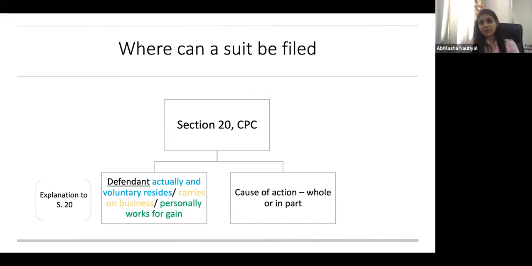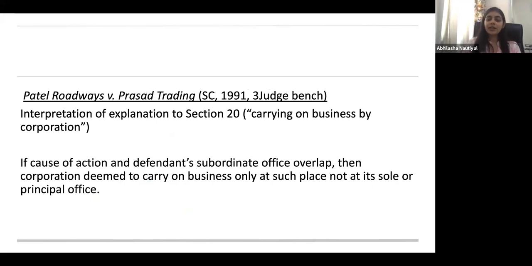So where can a suit be filed? Section 20 of the CPC says where the defendant actually and voluntarily resides, carries on business, or personally works for gain. So it's based on the defendant. Or where a cause of action arises, whole or in part. There's an explanation to Section 20 of the CPC, which has been interpreted by the Supreme Court in Patel Roadways.